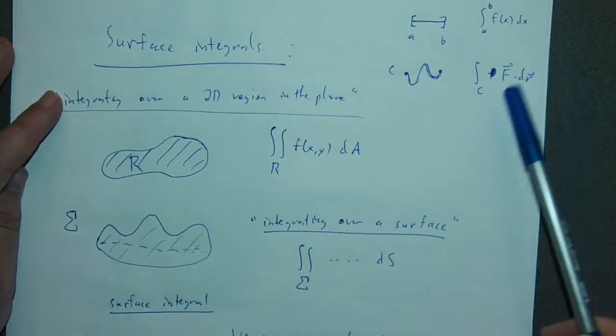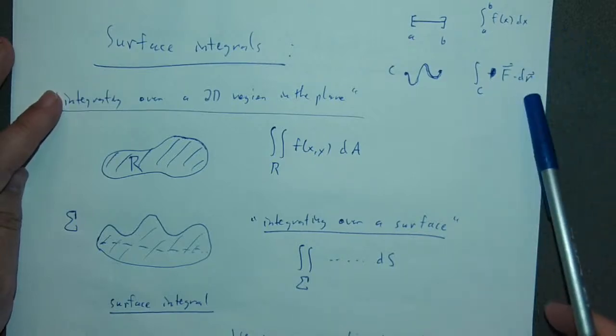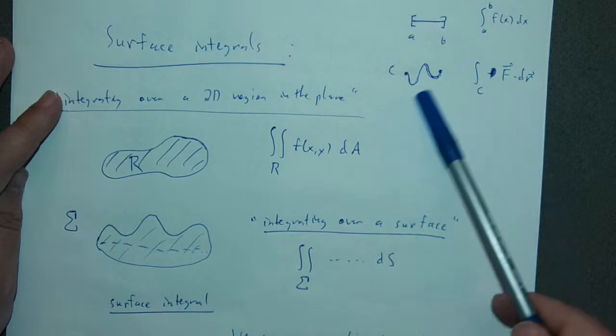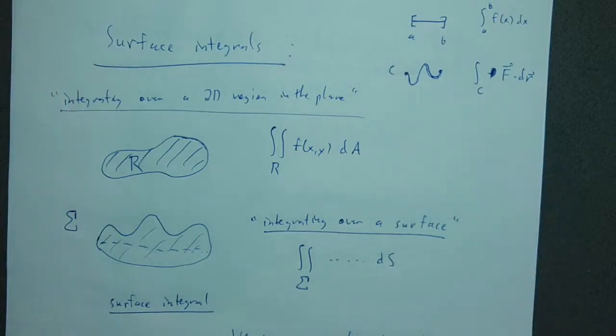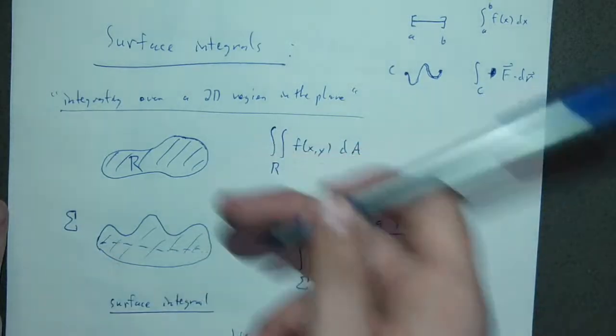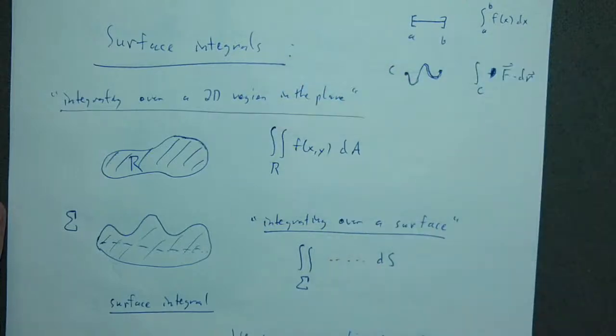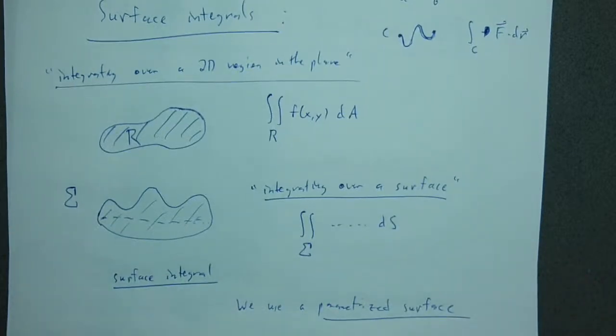When we talked about the line integral for a function over a curve, the orientation of the curve didn't matter. But when we talked about a line integral of a vector field over a curve, the orientation did matter. But that was actually no big deal because the orientation on a curve is either this way or minus this way, right? So talking about orientation on a curve is a very simple thing. That's not really going to be the case for surfaces. It's going to be a little bit more complicated than that.